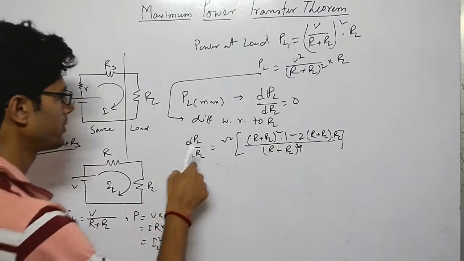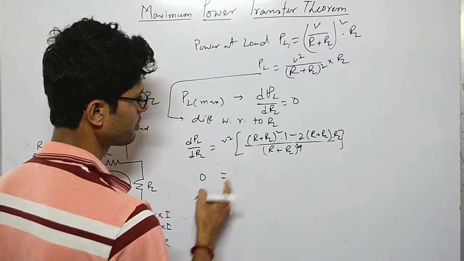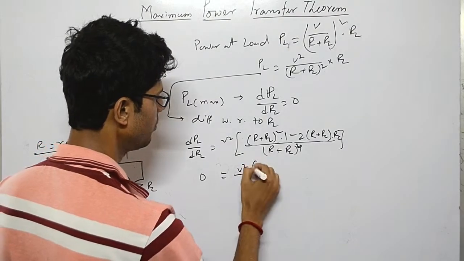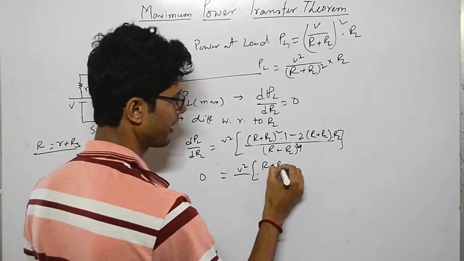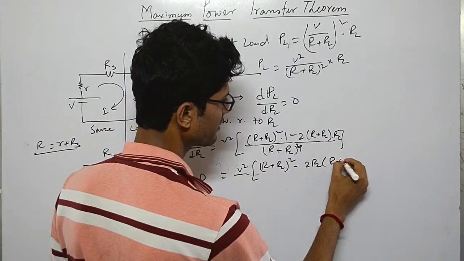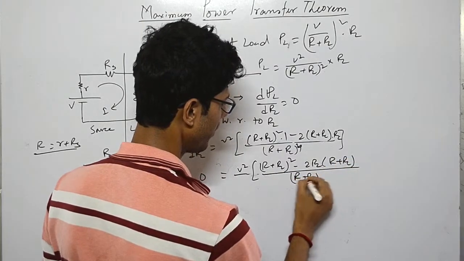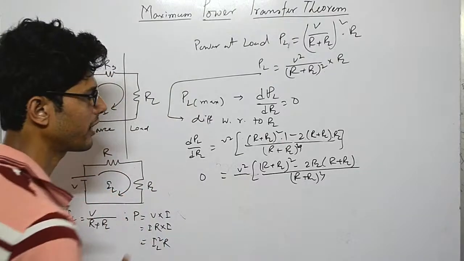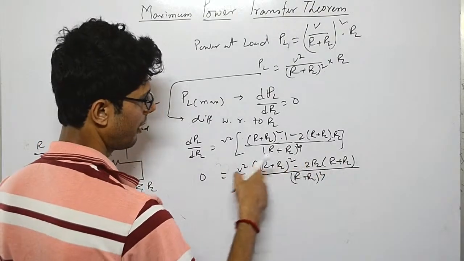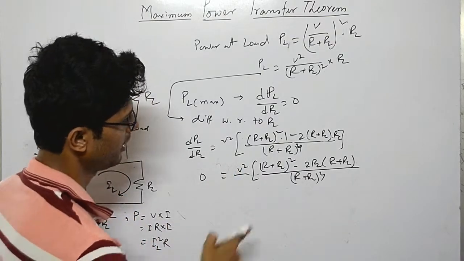The constant term's derivative goes to 0. Next, V square into R plus RL square minus 2RL into R plus RL, divided by R plus RL to the power 4. V square cancels out, since it is a common factor.